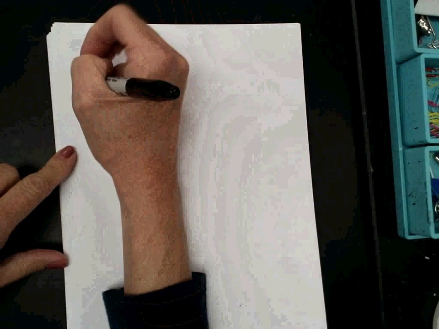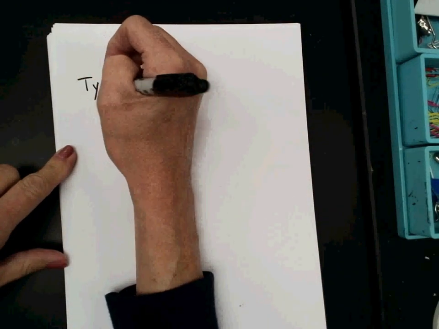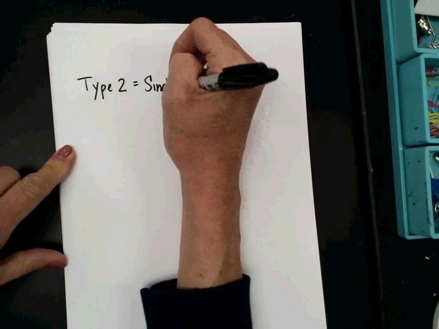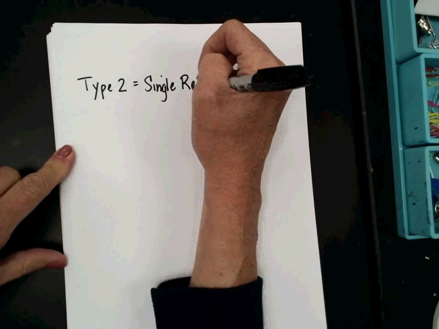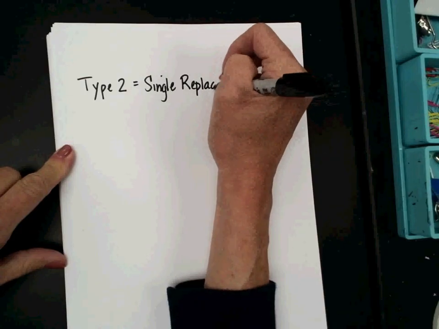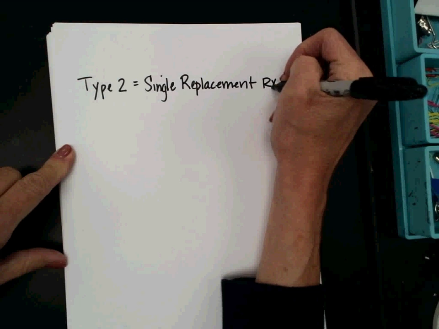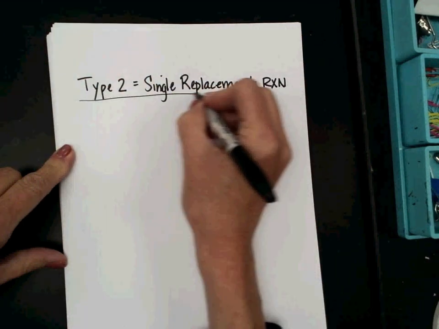Type 2 we'll look at. And it is called a single replacement reaction.